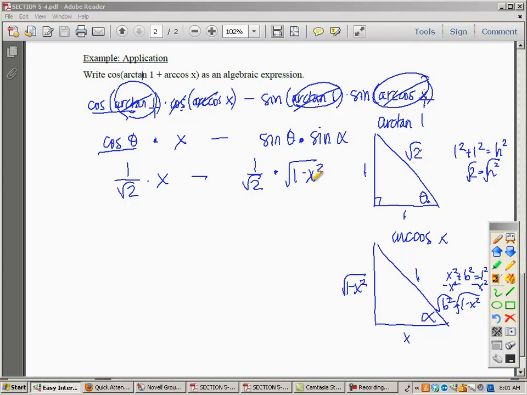Now we've got some simplifying to do. And actually, I'm going to make this as easy as I can. I'm going to go x over the square root of 2 minus the square root of 1 minus x squared over the square root of 2. Common denominator says x minus this square root all over the square root of 2.